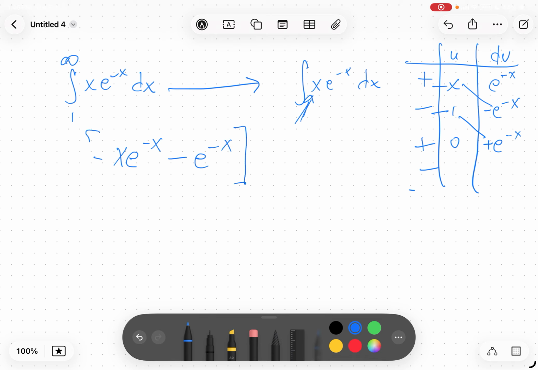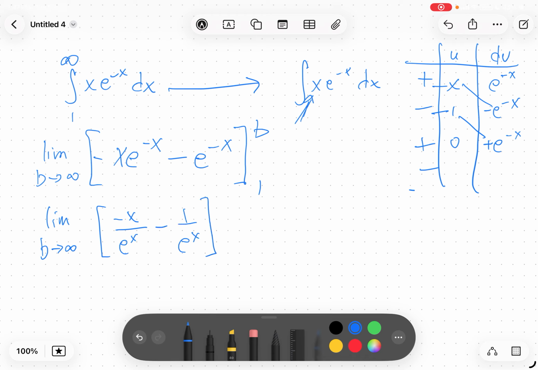Then, of course, we're going to have to evaluate this from 1 to b, where we're taking the limit as b approaches infinity. It might be helpful to rewrite this antiderivative with positive exponents, so we'll have negative x over e to the x minus 1 over e to the x from 1 to b.